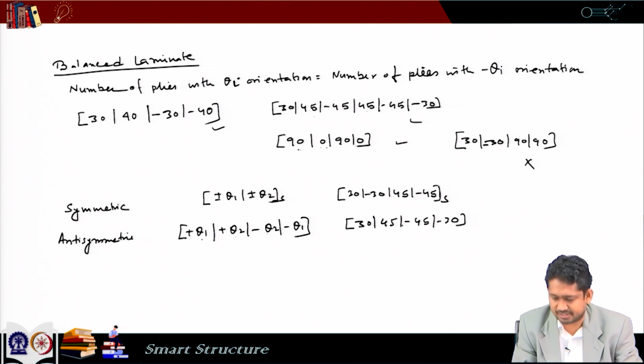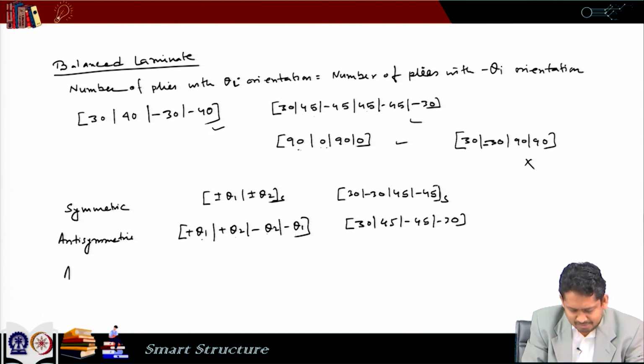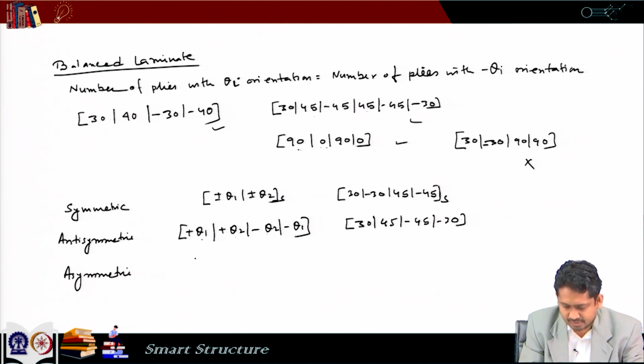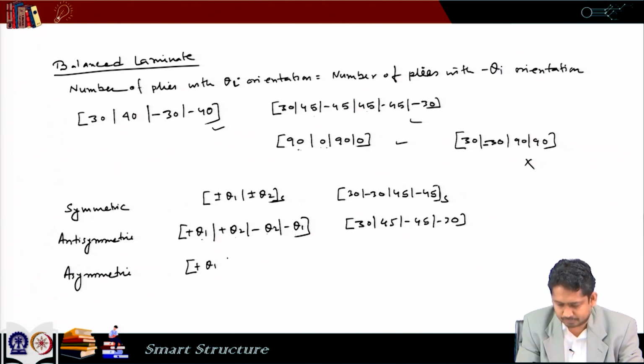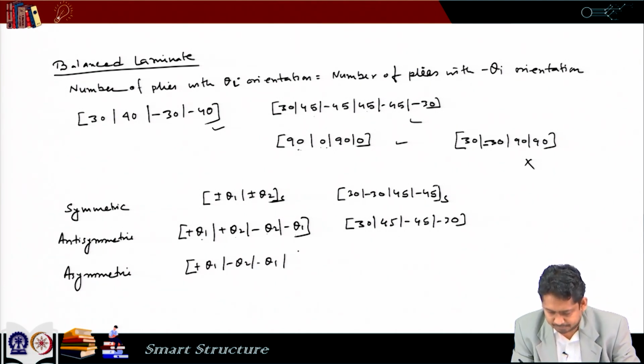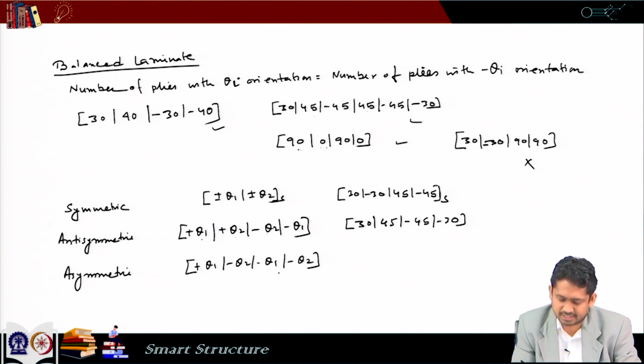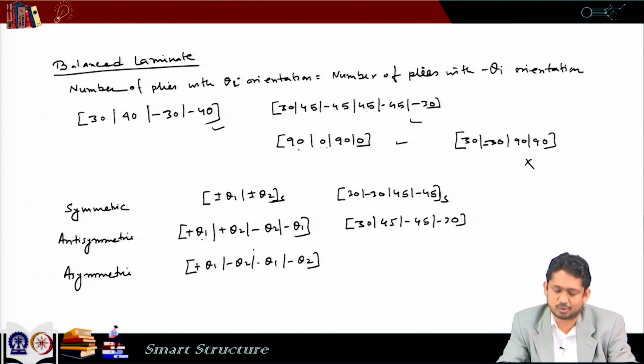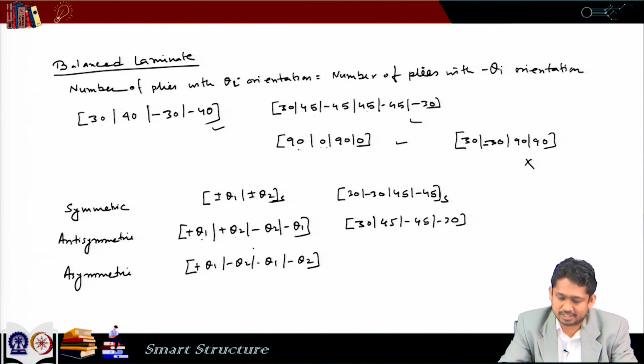And there can be asymmetric, which is neither symmetric nor antisymmetric. It can be, suppose, theta 1, minus theta 2, minus theta 1, minus theta 2. So, it is neither symmetric nor antisymmetric if we look at it with respect to the mid plane.